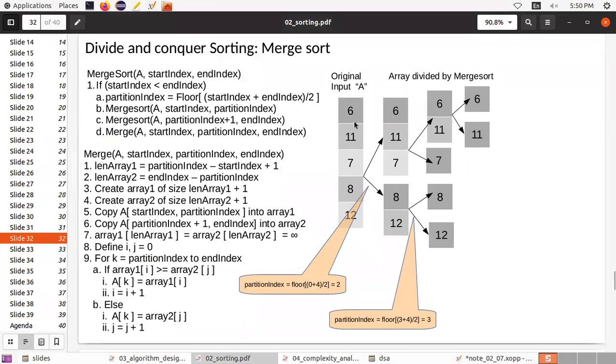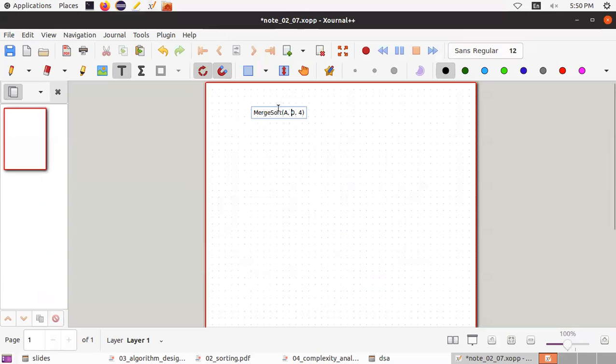The number of elements here is 5. So the first call to merge sort will be in this fashion. Merge sort A[0, 4]. So the partition index will become, okay, and this value resolves to be 2.